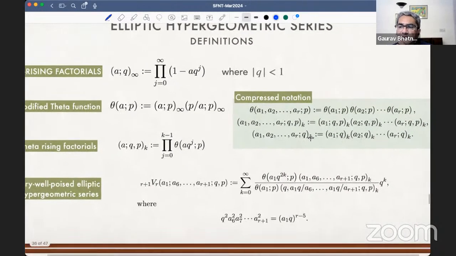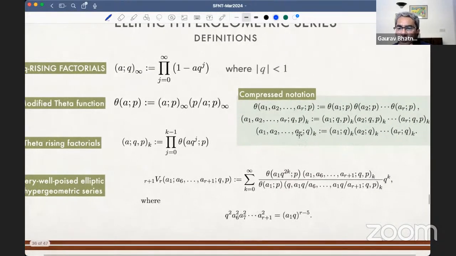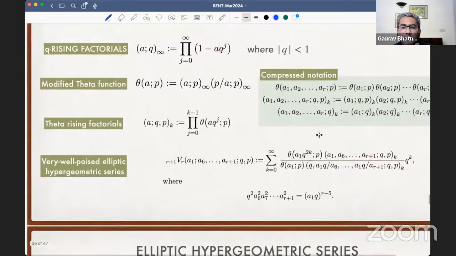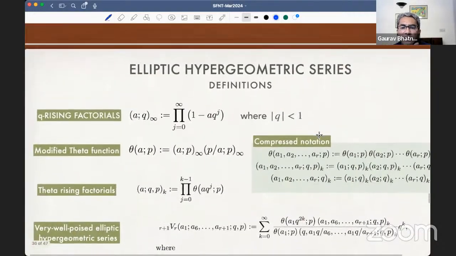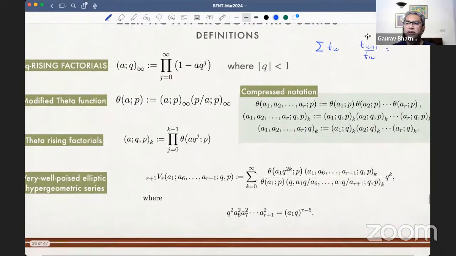This compressed notation, I guess I already used before, is the product of theta functions. So now you have q, p rising factorials, and when p is 0, it's the usual rising factorial. So let me say what we are looking at: these series where t_(k+1) over t_k is a rational function of k.